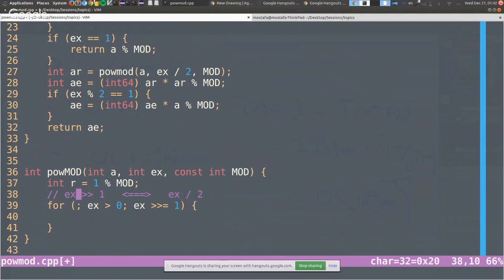Because we shift the number to the right by 1 bit, it's the same as dividing by 2. Usually this is a good technique for making operations faster, because shift operations and bitwise operations are usually much faster than multiplication or division.